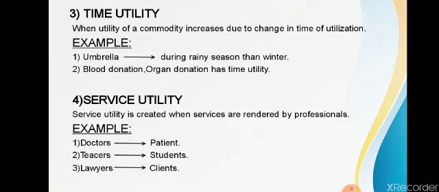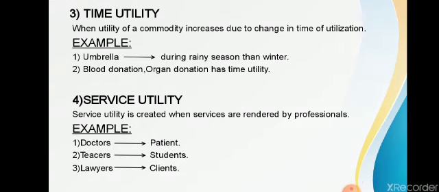Now let us come to the third type of utility. The third type of utility is the time utility. What is time utility? When the utility of a commodity increases due to the change in time of utilization.